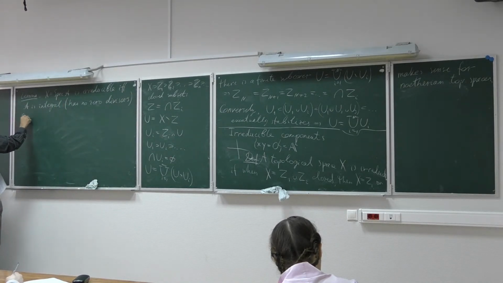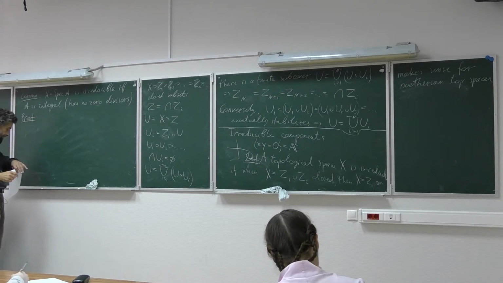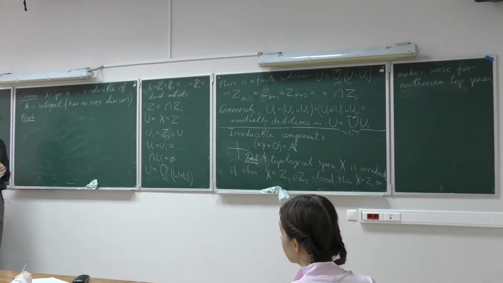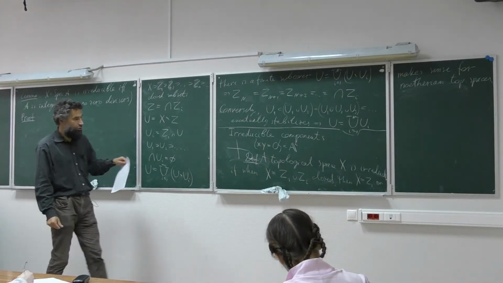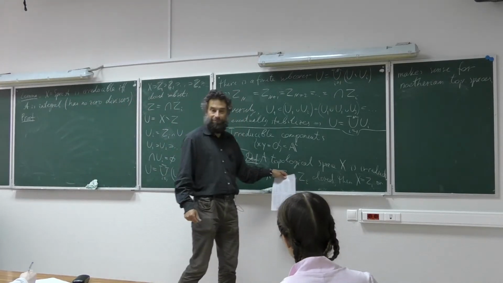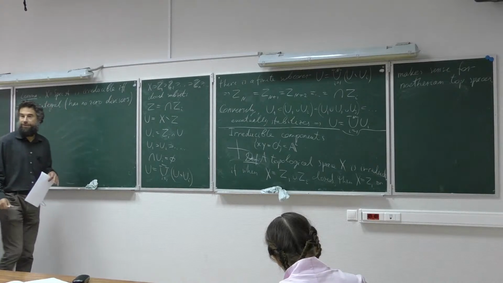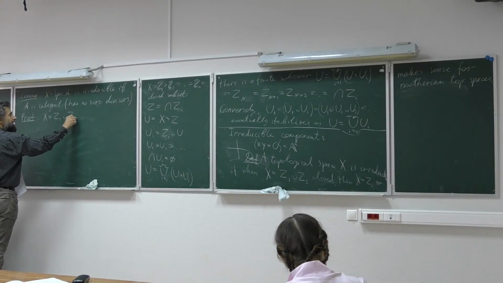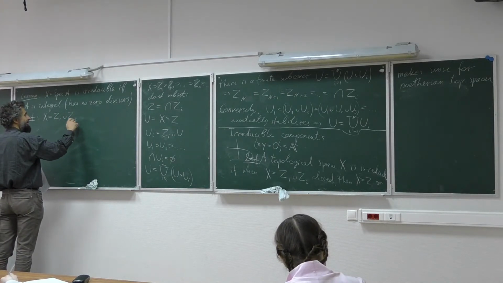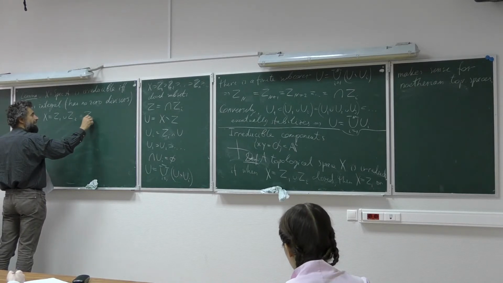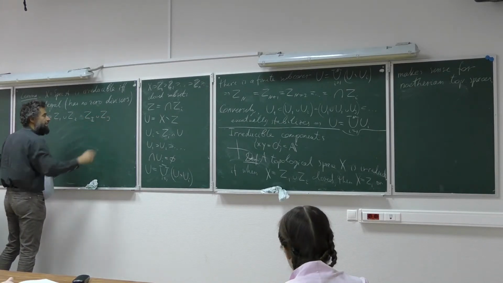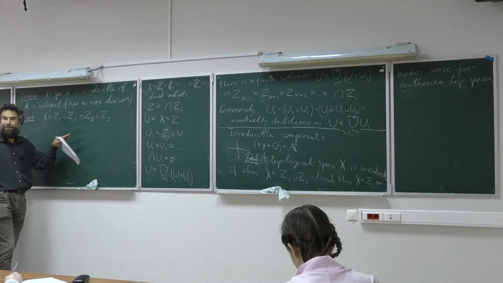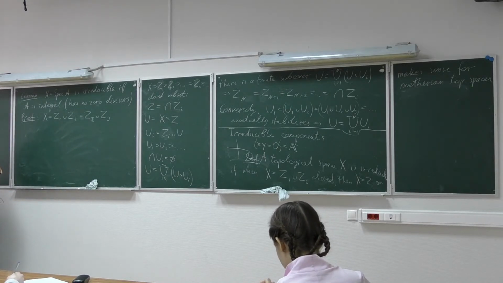Okay, let's prove it. So we know that the closed subsets in the Zariski topology are given by ideals. So X is the union of Z1 and Z2, say Zi and Zj. What does it mean for the two ideals, that the whole thing is the union of those things?